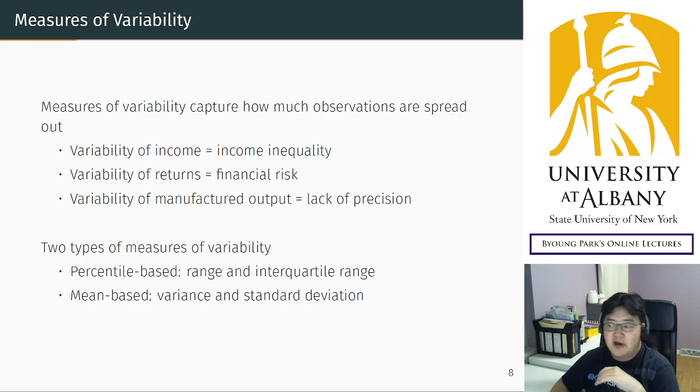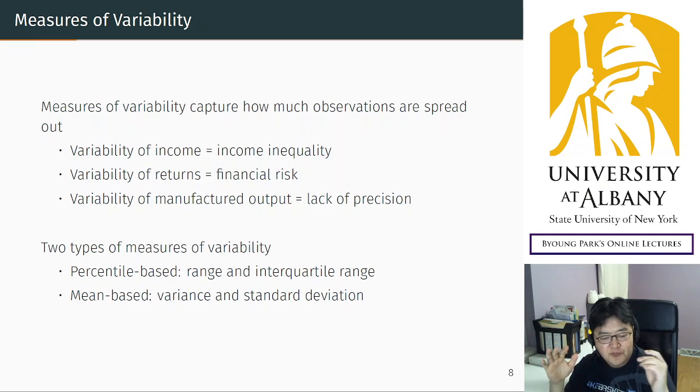So, in the previous video I explained how one important aspect of the data is the variability, the spread, and as an example, I used Honolulu and Phoenix. A similar idea can be applied to other more practical topics in economics.